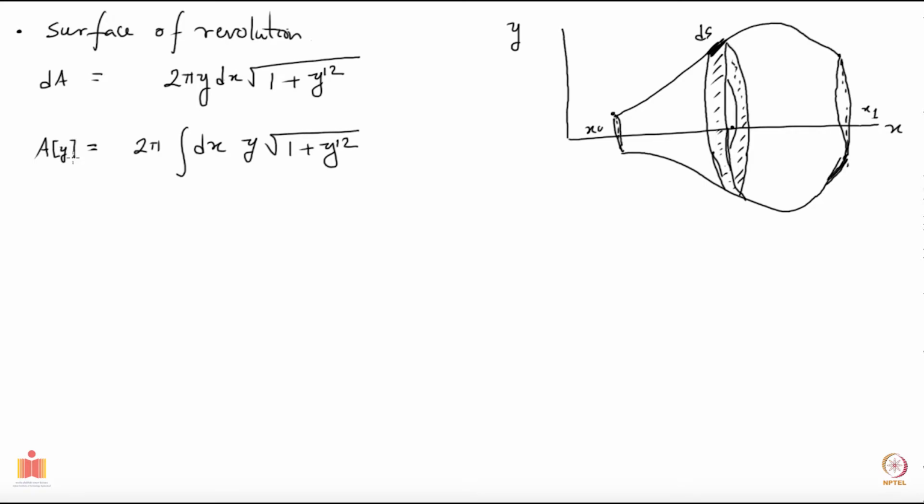So again as before, the area will be some number, but that number you are going to get by specifying a particular curve. If you specify a different curve like this, then you'll have a different area of revolution and you'll get a different number for A of y. Okay, so this is another example of a functional.